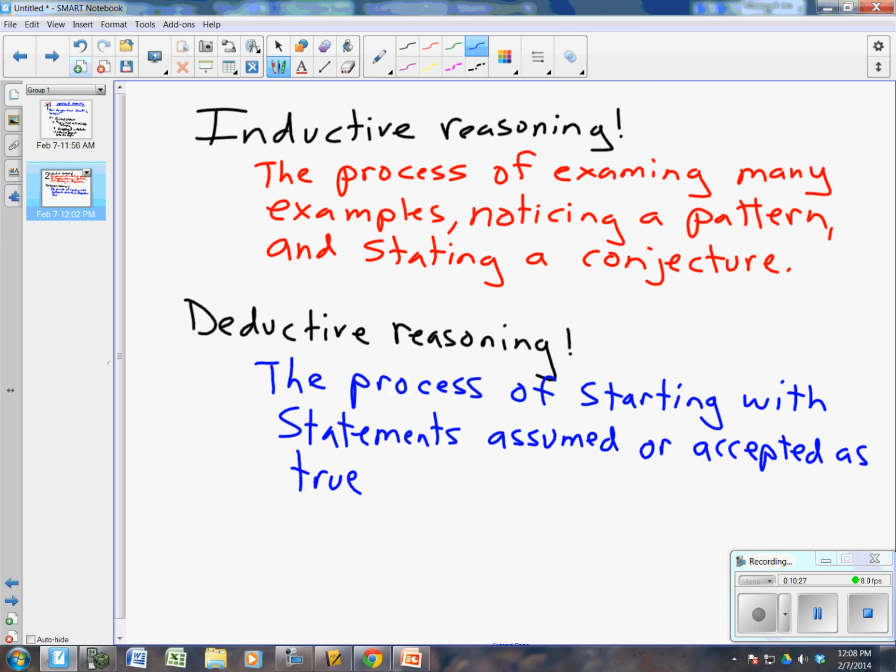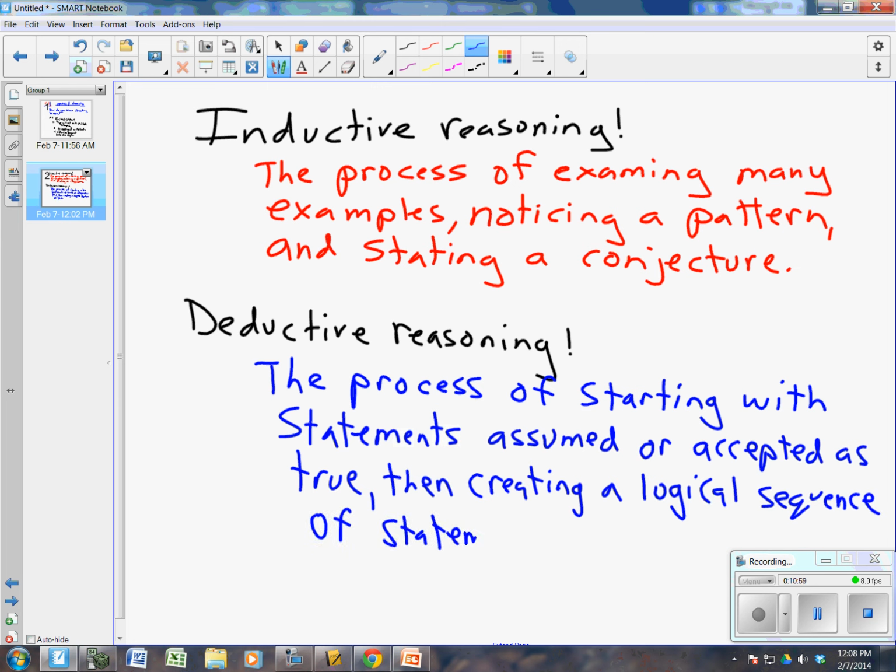And that's because you've already proved that they're true through deductive reasoning, okay? Then creating a logical sequence of statements until we arrive at the desired conclusion.